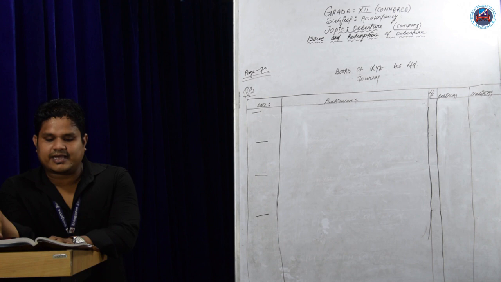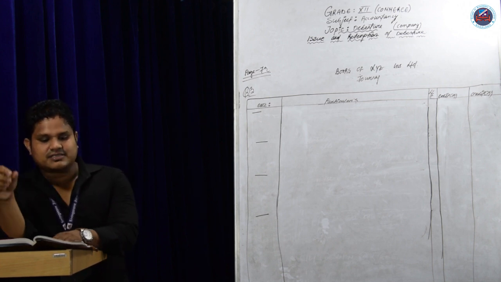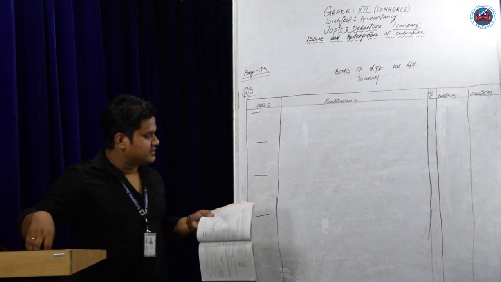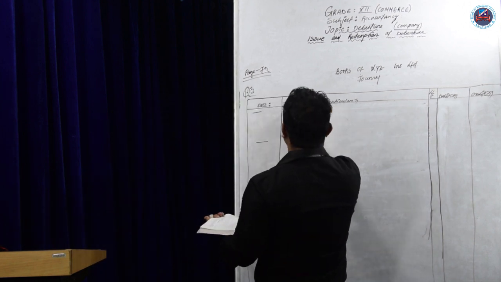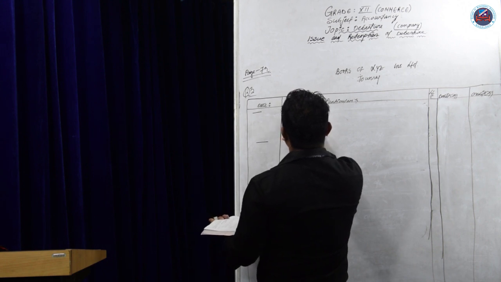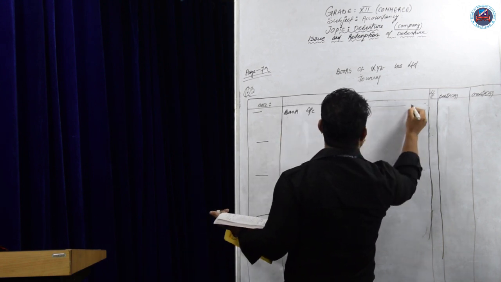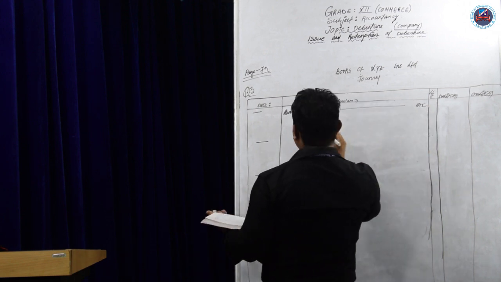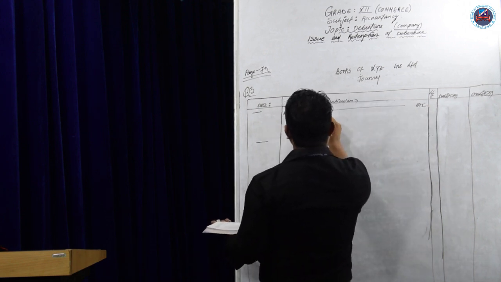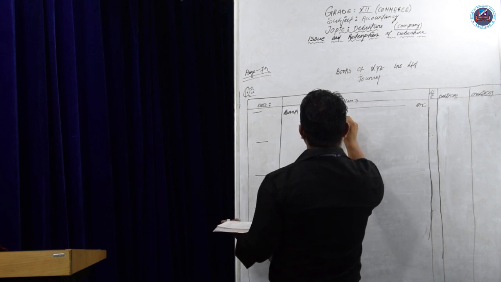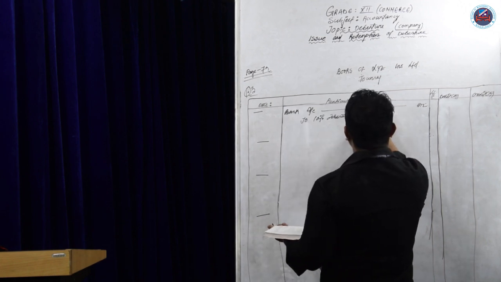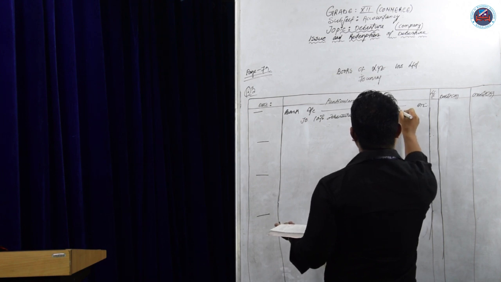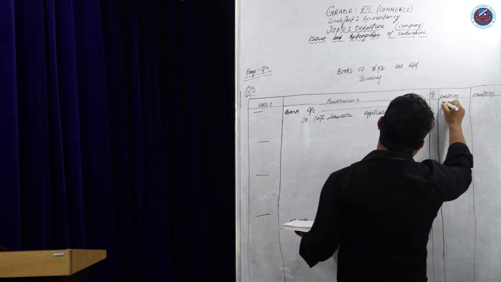The balance sheet I have already explained, so do it by yourself. The first entry is bank account debit to 10% debenture application account. Same way, we will give the entry here. What will be the amount? 1 lakh.